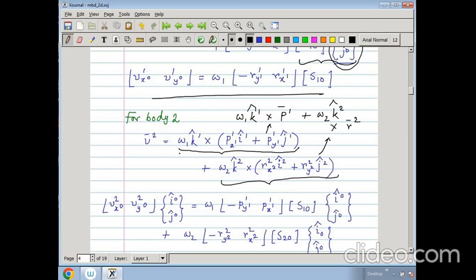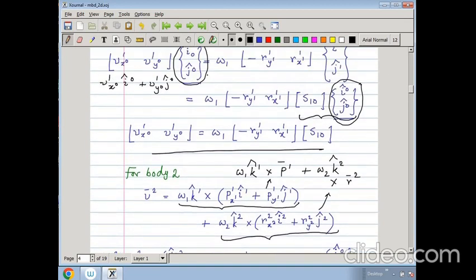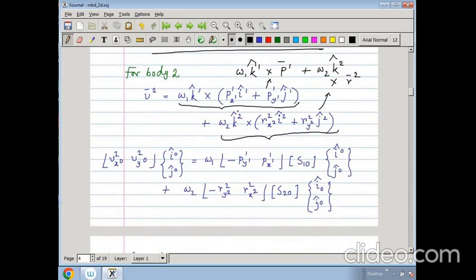So cross products, since you have already seen how they can be expressed, can be expressed like this. So for the first term, in place of r1 x1 we get p1 x1, and in place of r1 y1 we get p1 y1. So simply in place of r1 y1 you put this, and in place of r1 x1 you put p1 x1.